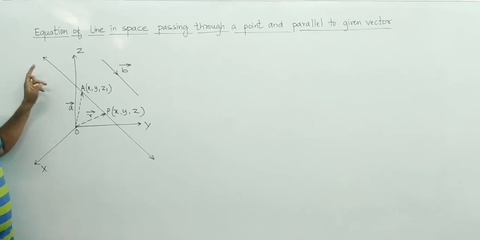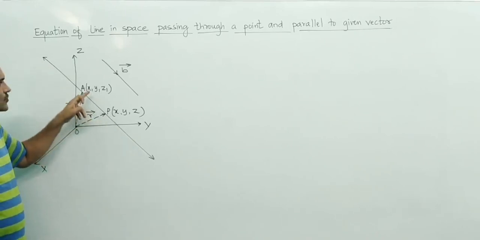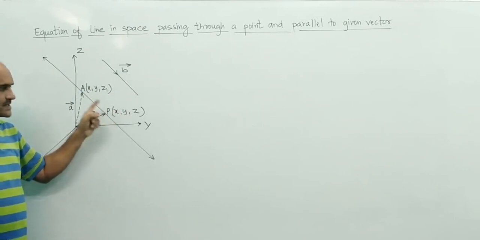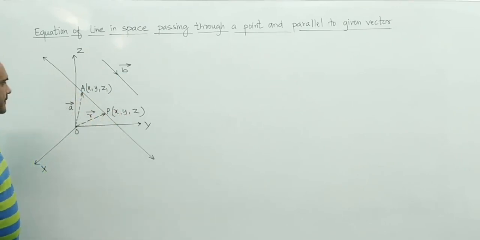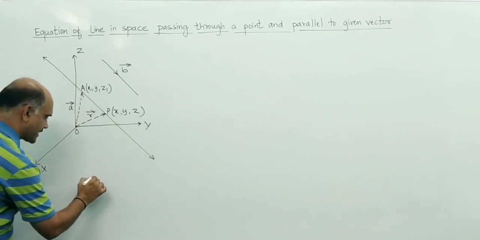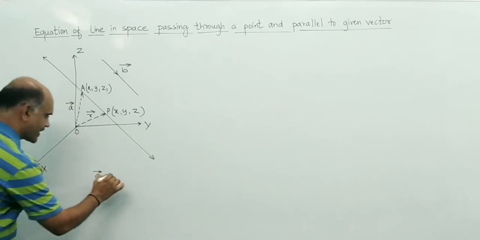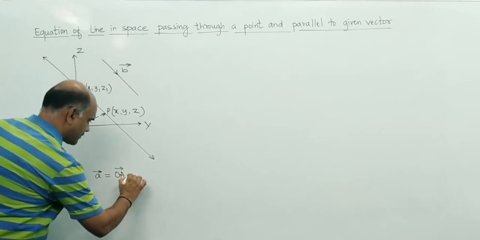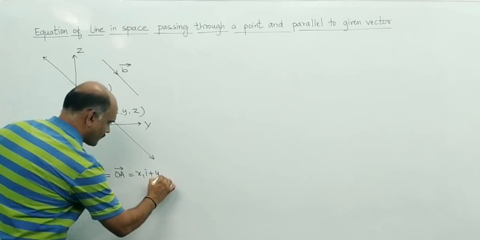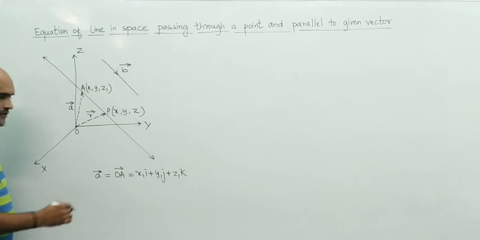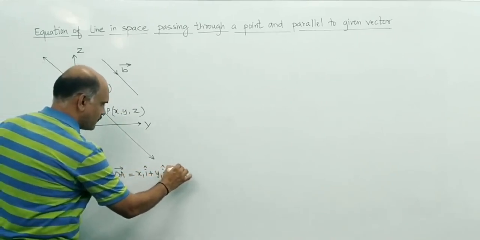So figure is clear, students. There is a line passing through a point A of x1, y1, z1 and is parallel to vector b. Let P x, y, z be a point on the line. So the position vector of point A is OA or small vector a, and is given by x1i plus y1j plus z1k, where i, j, k are unit vectors, so you show cap for those.